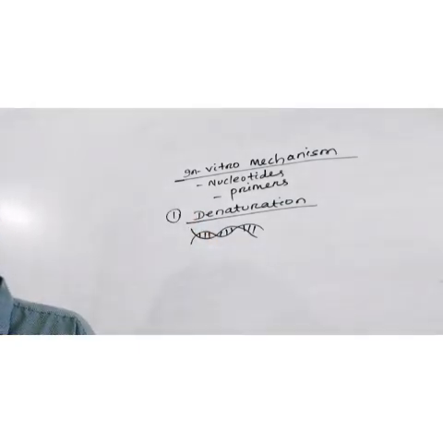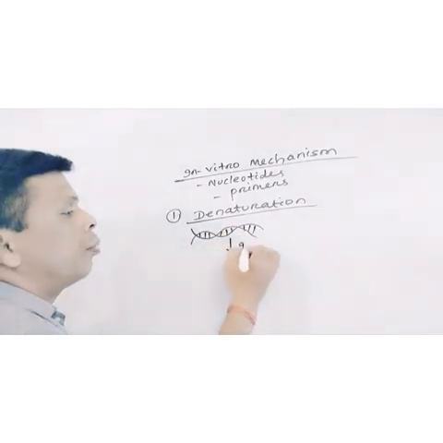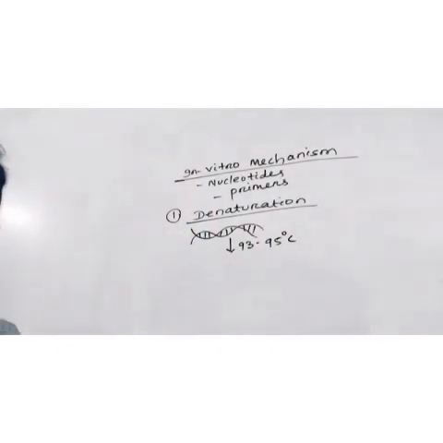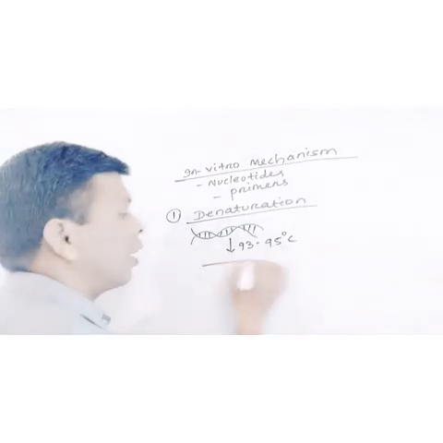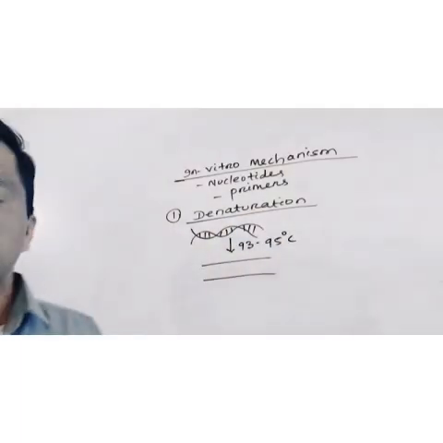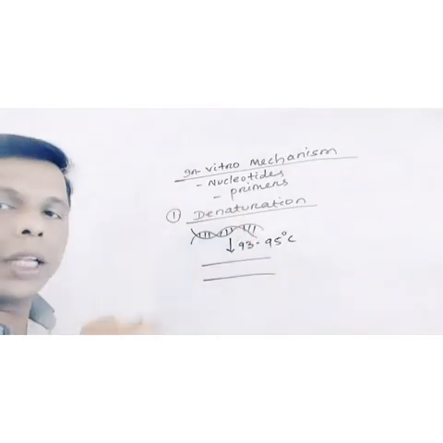Typically, the genomic DNA having the desired genome is exposed to a higher temperature, from 93 to 95 degrees Celsius. At this temperature, the double stranded DNA becomes single stranded due to splitting of the hydrogen bonds. This was the first step, denaturation.